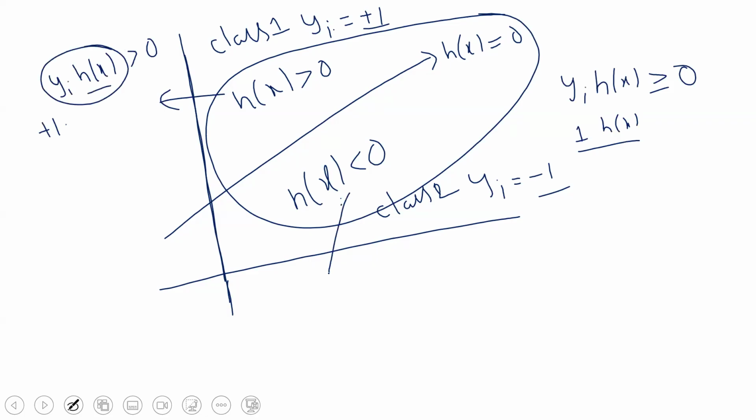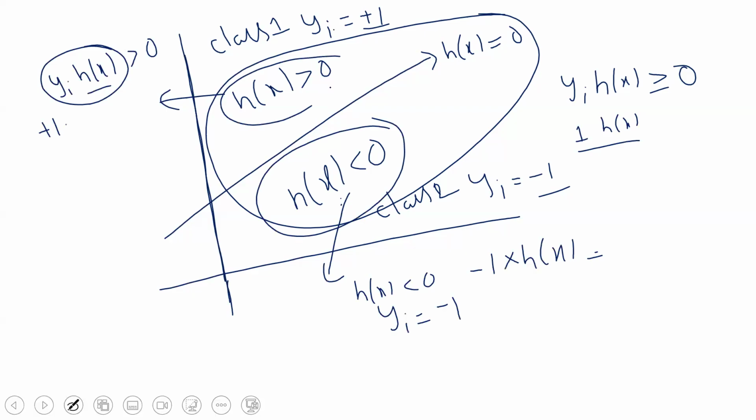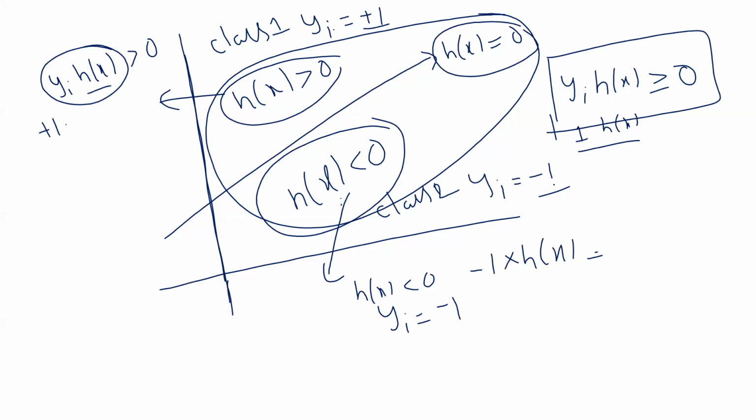And for the other side, h of x is less than 0, but yi is -1. So -1 multiplied with something less than 0 becomes positive. That's the reason for combining all these points and generalizing them into a single equation: yi into h of x is always greater than or equal to 0. This is the generalized equation for all these data points.